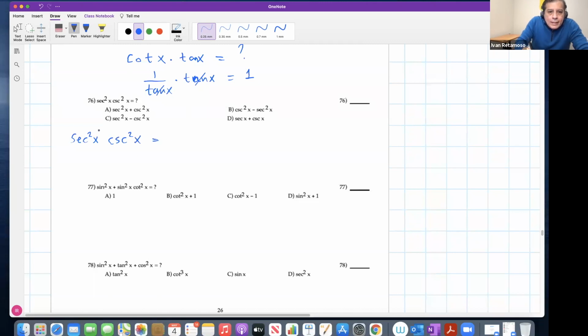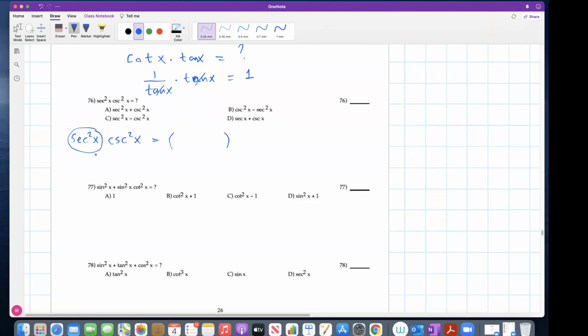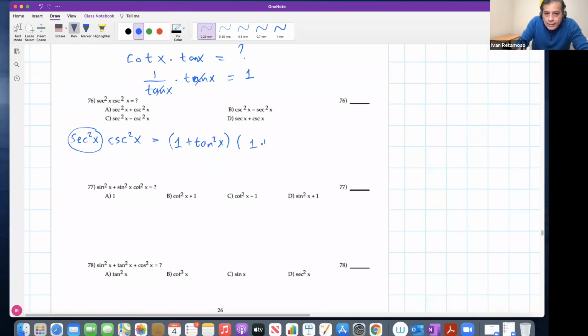I want you to take a look at the unit circle sheet. There you will find secant square in terms of tangent square. Isn't it 1 plus tangent square? And cosecant square is 1 plus cotangent square in the sheet of the unit circle.